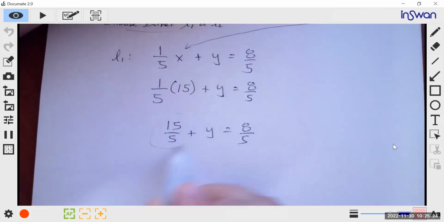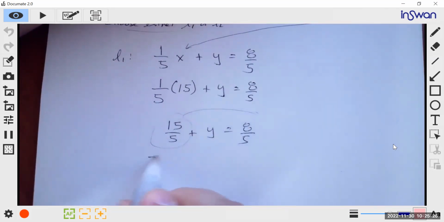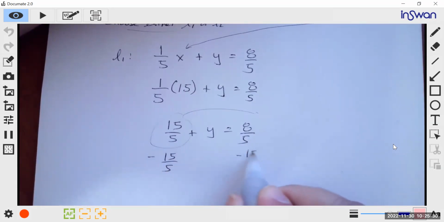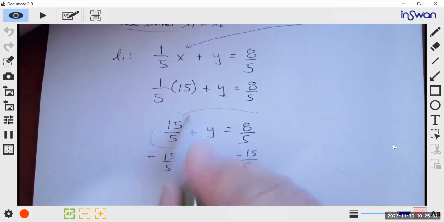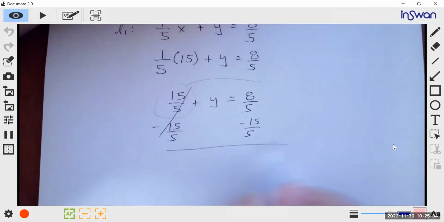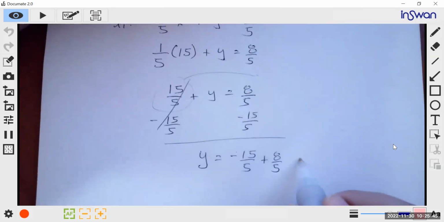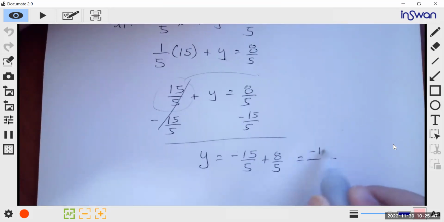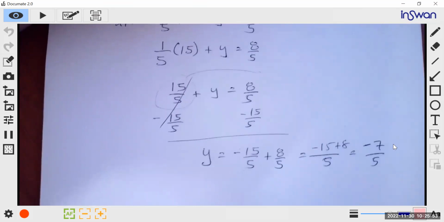Because now, when I move this number to the other side, I already have a common denominator. -15/5 plus 8/5 is -7/5.